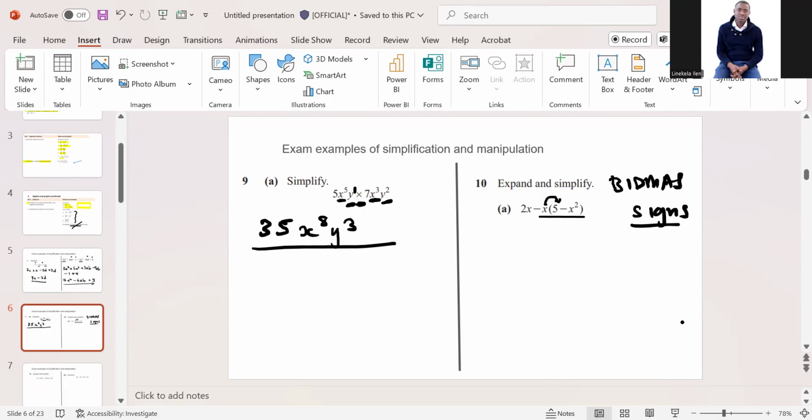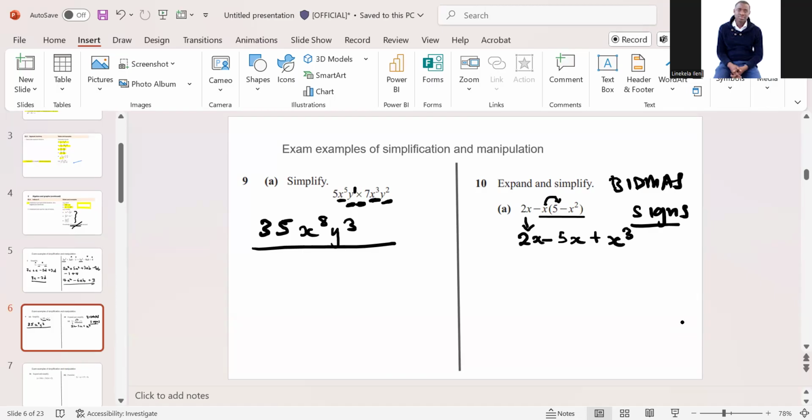So I'm going to have negative 5x if I do that. And then the negative x multiplied by a negative x squared. Now remember, I'm multiplying, so I'll add the exponents in this case. So negative x multiplied by negative x squared will give me positive, because there's a negative multiplied by a negative, positive x cubed.